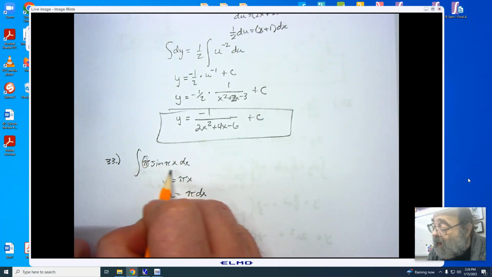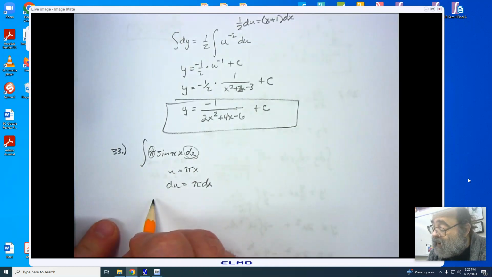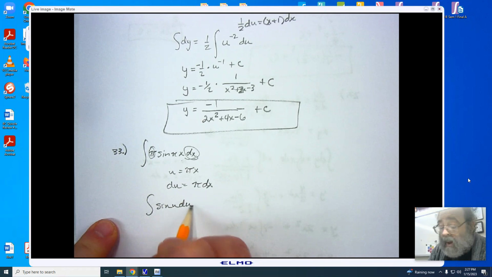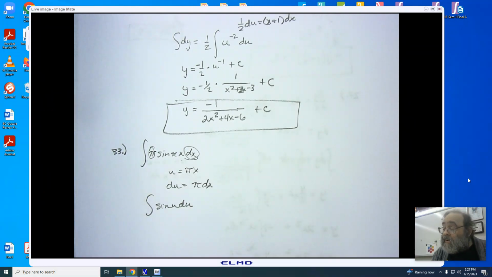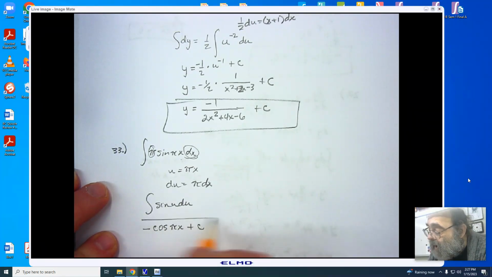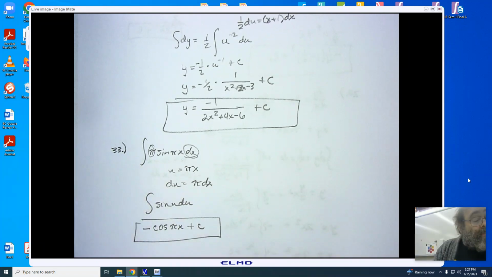Well, there's the pi and there's the dx. So it's the integration of sine of u du, and we know that the integration of sine is going to be a negative cosine. So negative cosine of u plus c is my answer. And I have number 33.